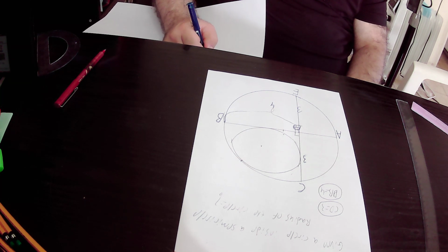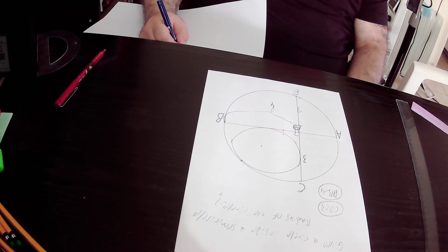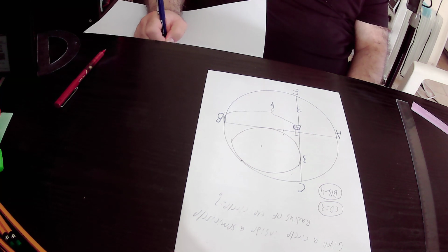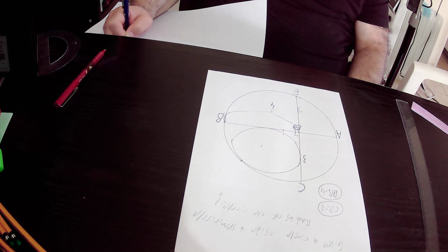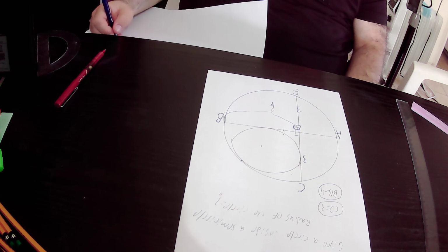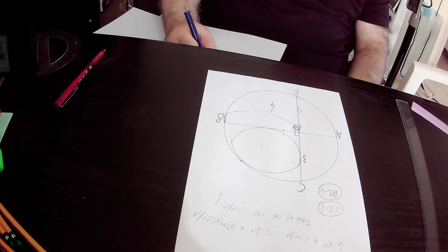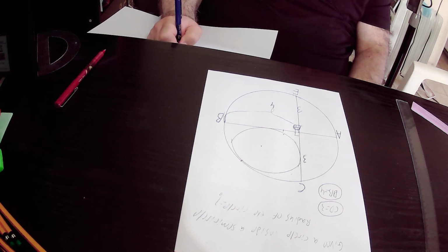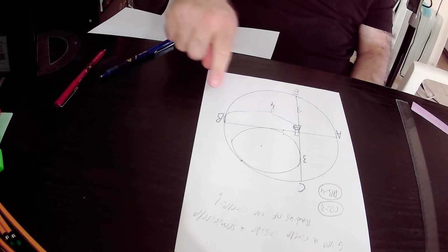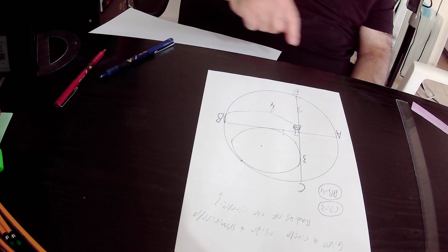Chord AB intersects with chord CE at point D. I repeat again, chord AB intersects with chord CE at point D. Point D is the intersection point of chord AB with chord CE.